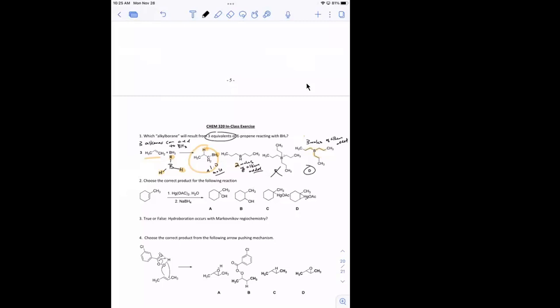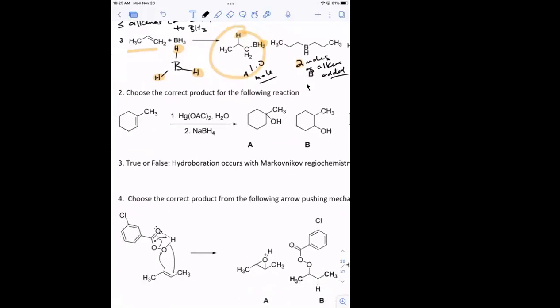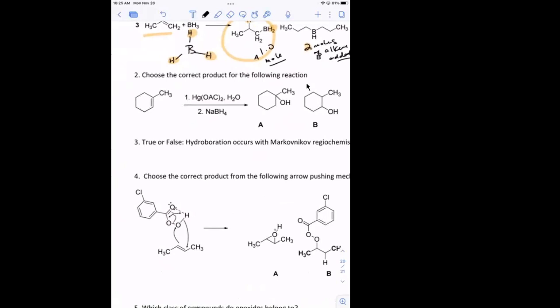All right, number 2, it says choose the correct product for the following reaction. What type of reaction is that? That's the first question. You can't pick the product until you know what the reaction is. So if it's mercury acetate and water, followed by sodium borohydride, which is NaBH4, what type of reaction is that?